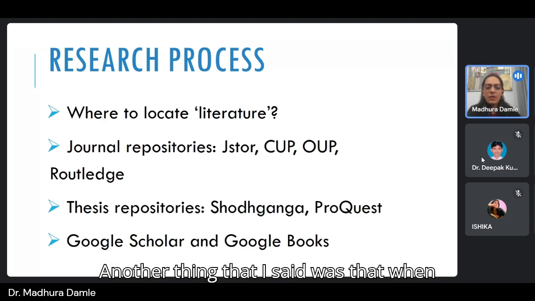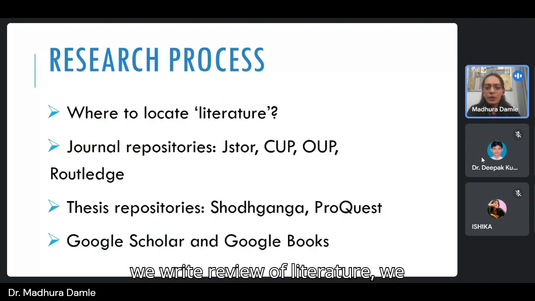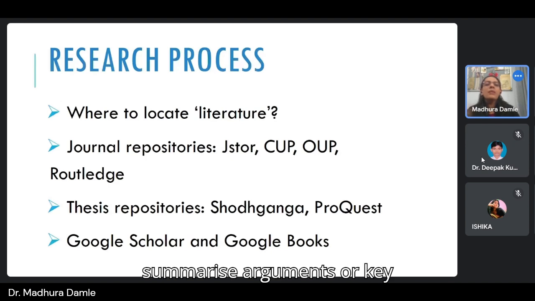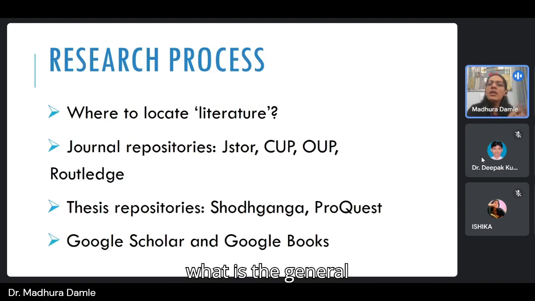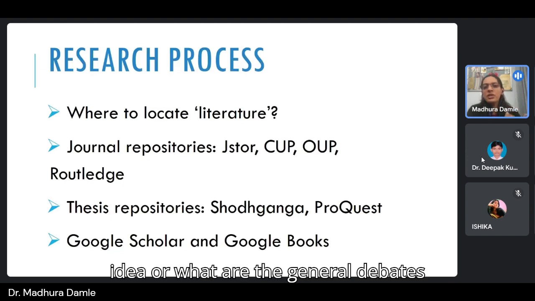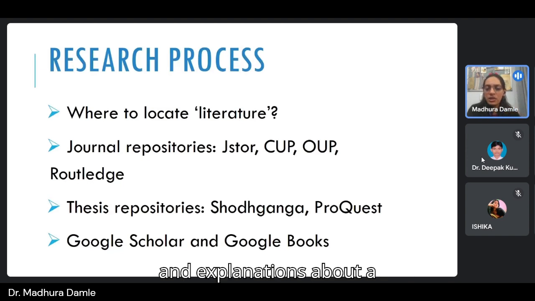Another thing that I said was that when we write review of literature, we shouldn't write it ideally author wise, or just summarize key arguments of that particular work, but we should try to arrange it in a thematic manner and explain what are the general debates and explanations about a particular field in the existing literature.